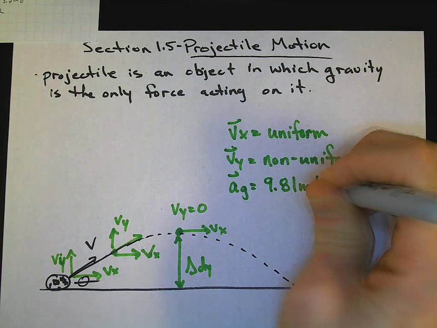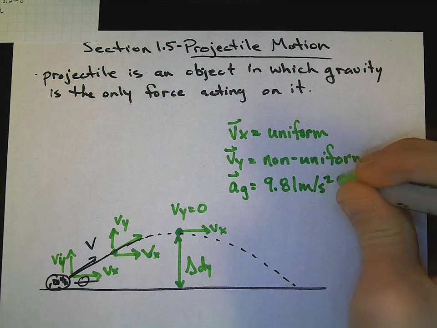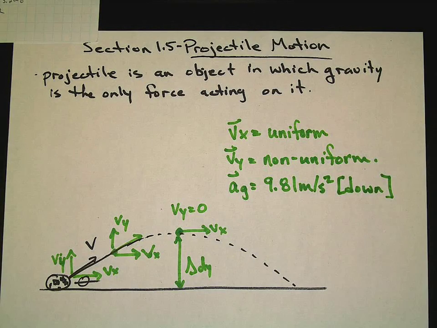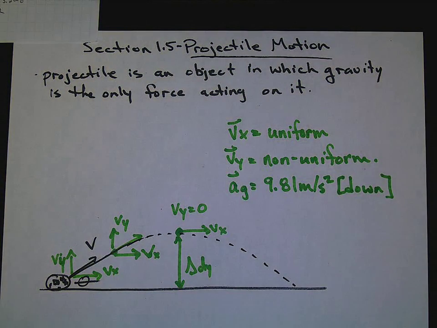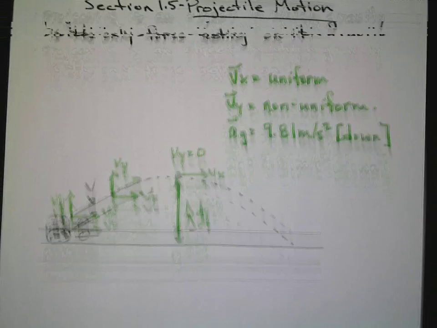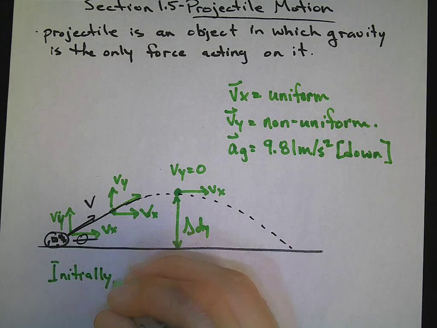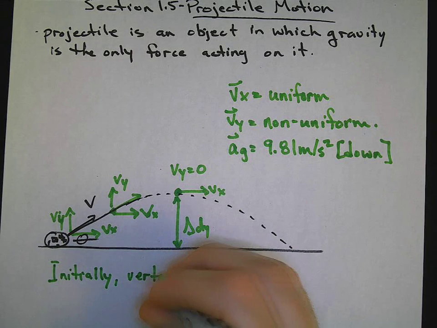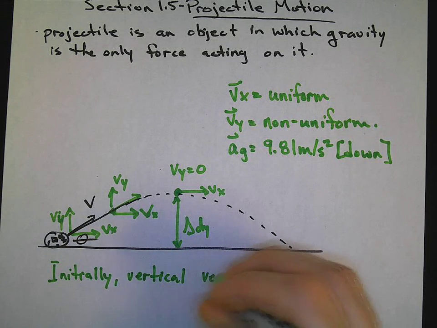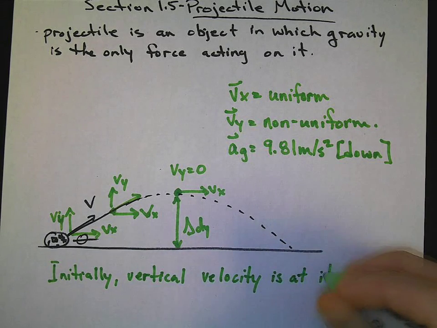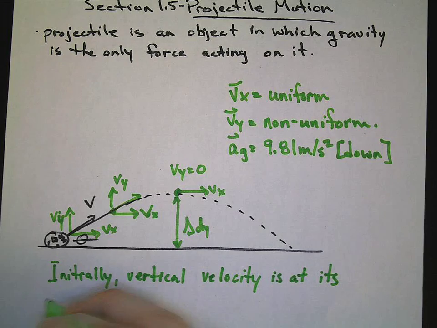That is because we have the acceleration due to gravity of 9.81 meters per second squared down towards the Earth. And it should be noted that at the very initial beginning of the trajectory, your vertical velocity is at its greatest.